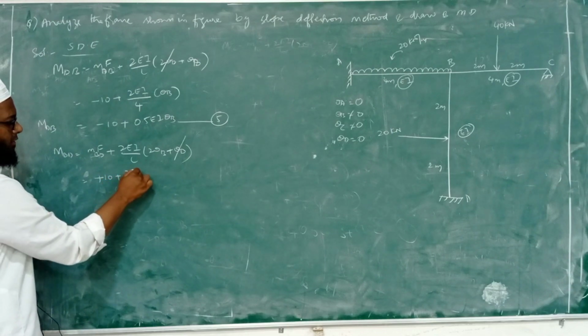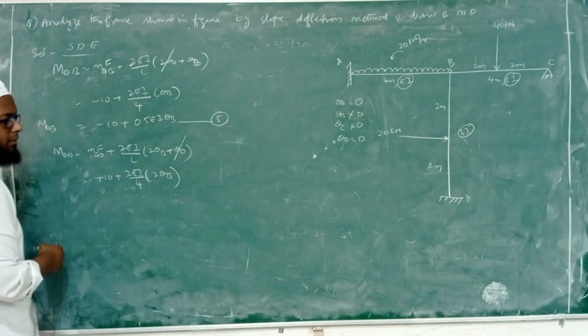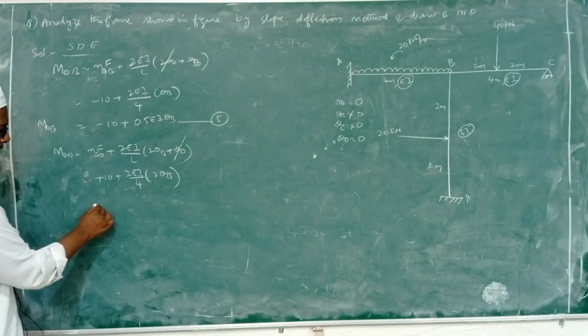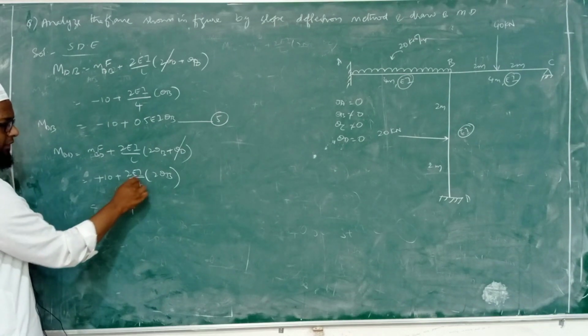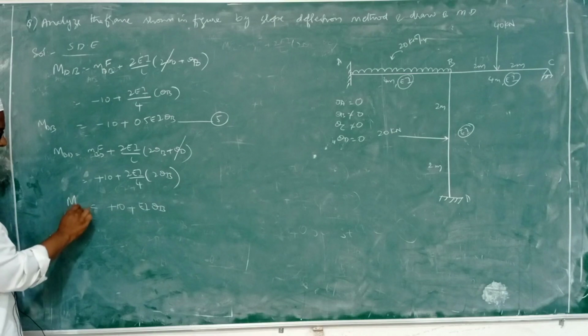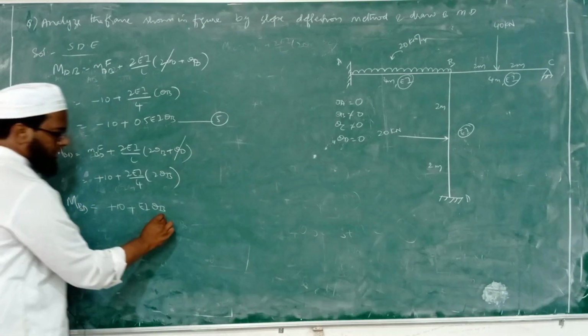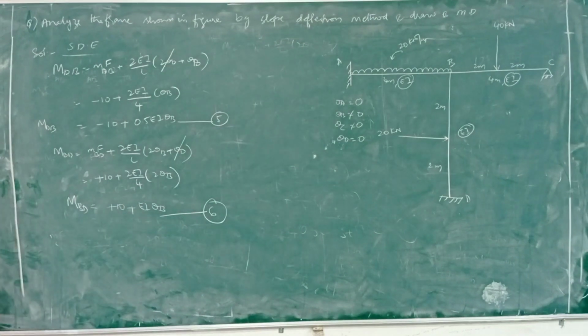Plus 10, plus 2EI by 4 into 2 theta B again. So EI theta B, this is equation number 6. Now after calculation of slope deflection equations, we will apply equilibrium conditions, isn't it?